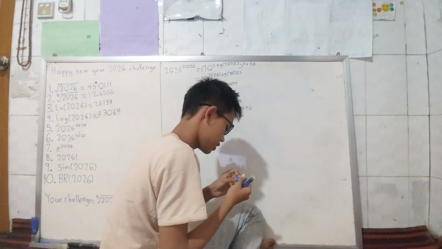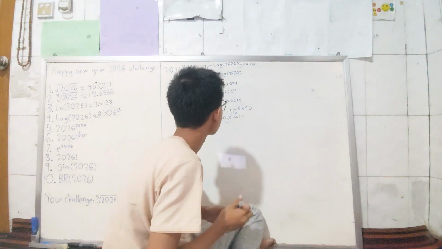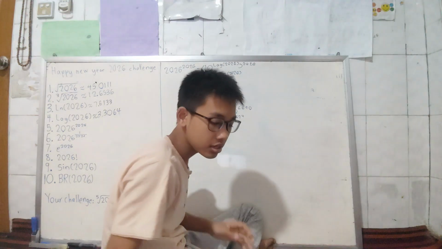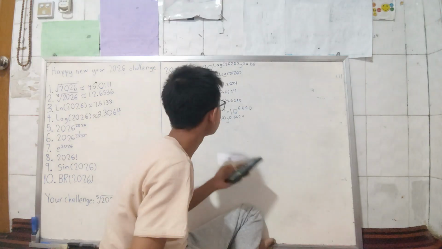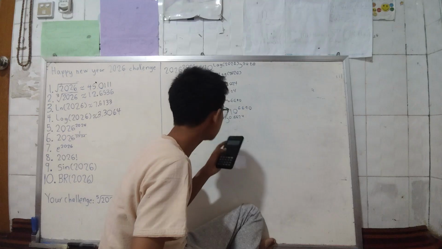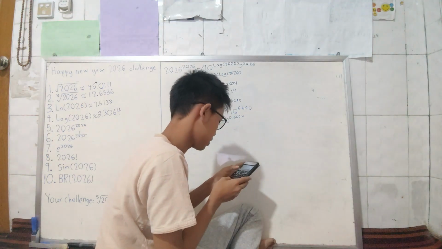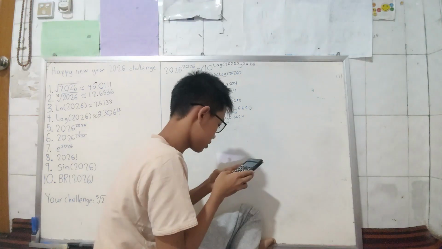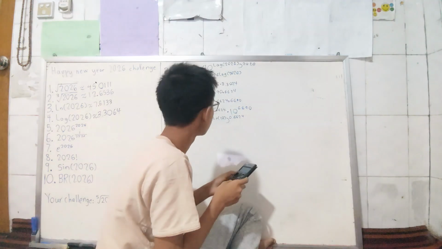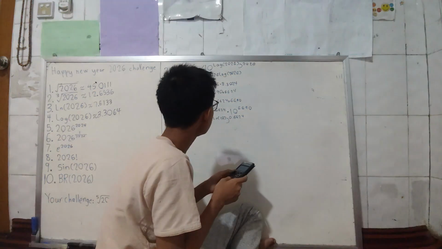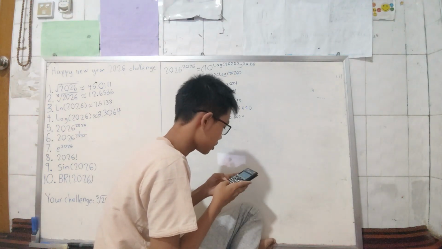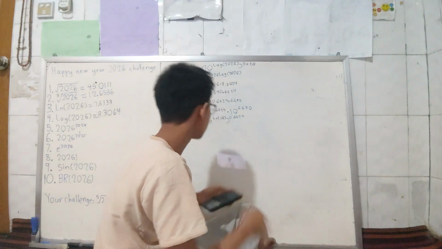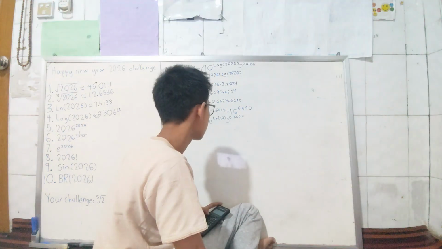So if I check 2026 times the log of 2026, it says 6699. But it just says 669. Wait a minute. It's practically correct, but 3.3066.